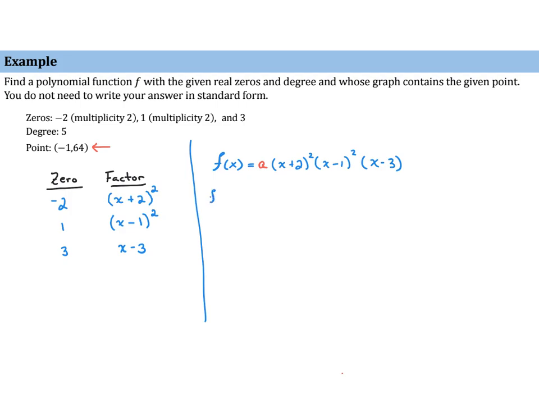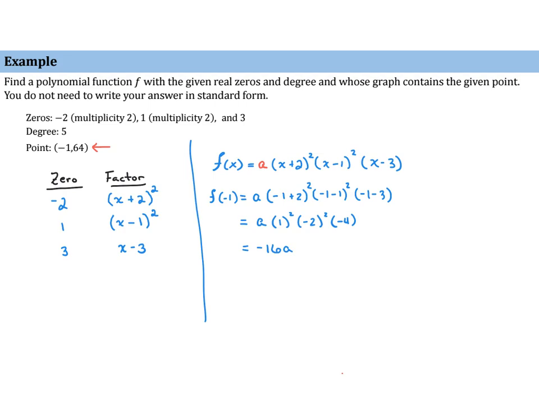So f of negative 1 would be a times negative 1 plus 2, quantity squared, times negative 1 minus 1, quantity squared, negative 1 minus 3. So this would be a times negative 1 plus 2 is 1. We'd have negative 2 squared and negative 4. So this gives us 4 times negative 4 would be negative 16a.